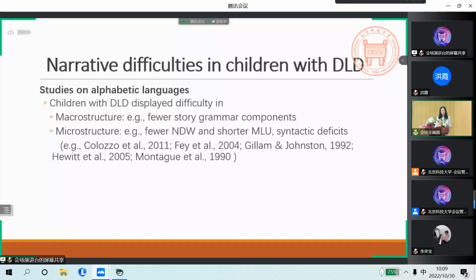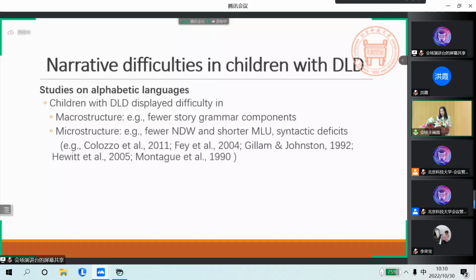For example, for macrostructure, those children with DLD might show fewer story components, such as limited story elements. For instance, they might be limited or constrained in presenting the plan or solution of the story.